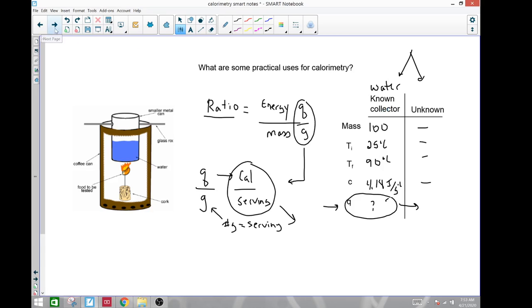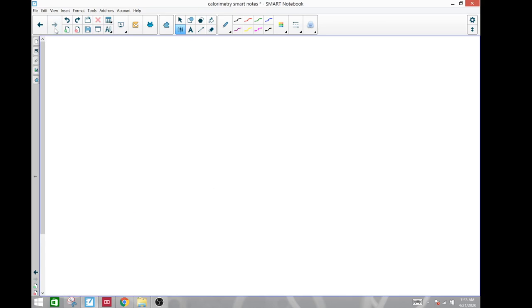So my last thing I have here for you is just an idea of something that we might be looking for in the future. And that is, what about how much energy does a reaction give off? Energy of a reaction. Now the reaction could be simply eating some sort of a food item.